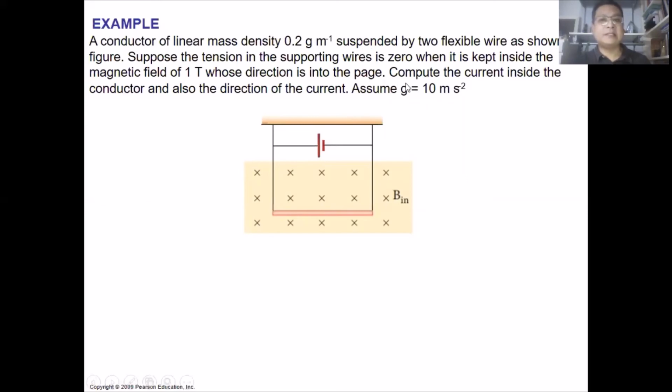Compute the current inside the conductor and also the direction of the current. Assume gravity equals 10 meter per square second.